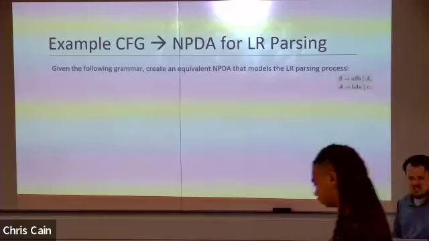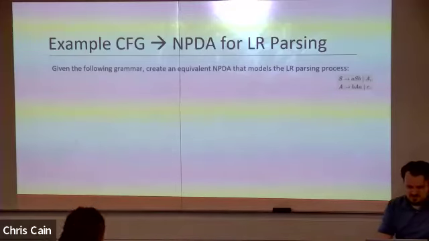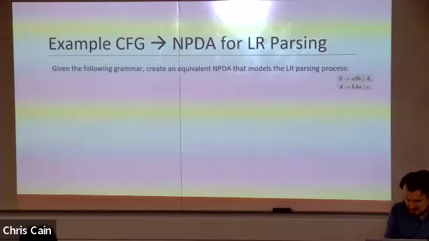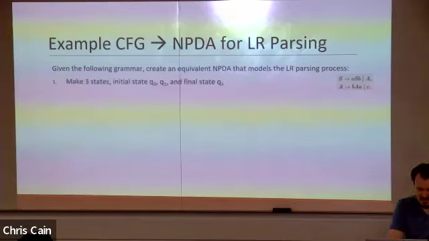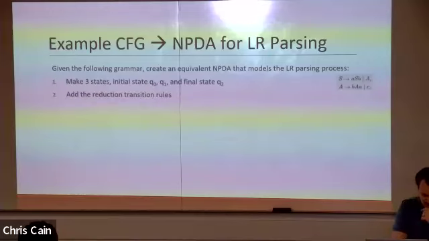All right, let's try to create an NPDA that models this process. So we start with those three states, Q0, Q1, and Q2. We're going to add a bunch of transition rules to Q0. So the reduction transition rules are going to be all of those that allow us to replace a right-hand side with a left-hand side. So first of all, how many of them are there going to be?